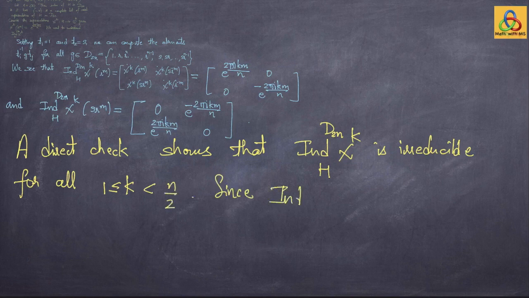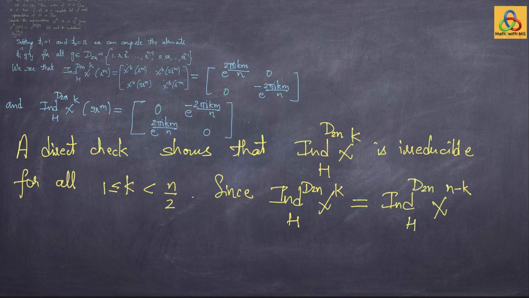Notice that induction of chi k from H to D2n is the same as induction of chi n minus k from the subgroup H to the group D2n. So you can forget about the remaining half, and then the precise value you can find depending on the parity of n.